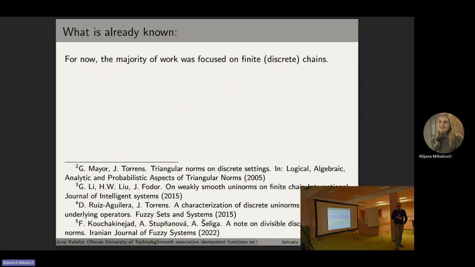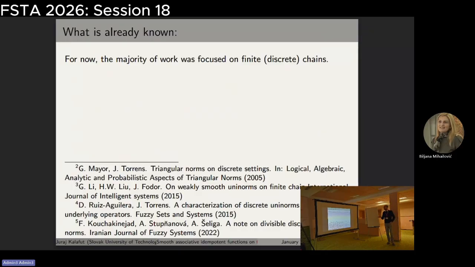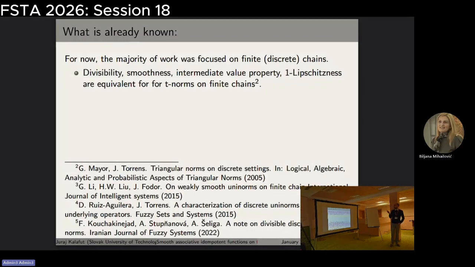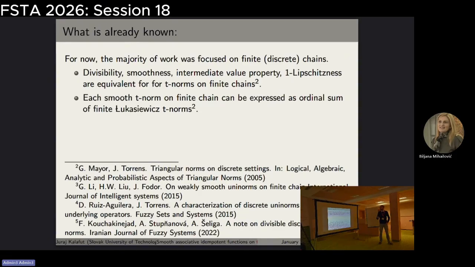So what is already known, as I said, the majority of works was done on discrete chains. First of all, these four properties for T-norms specifically are equivalent. Either we get all of them or none of them.